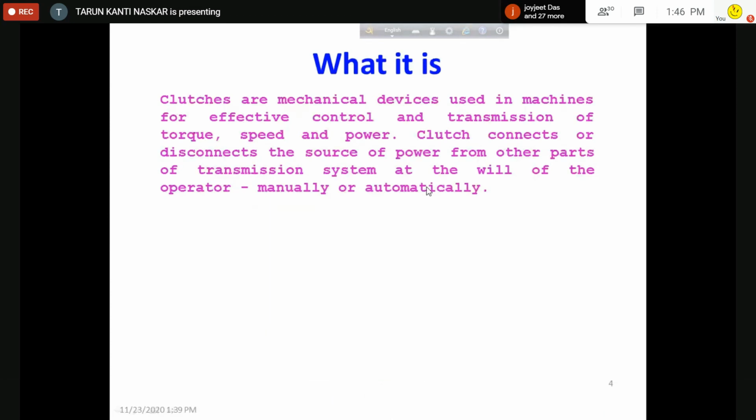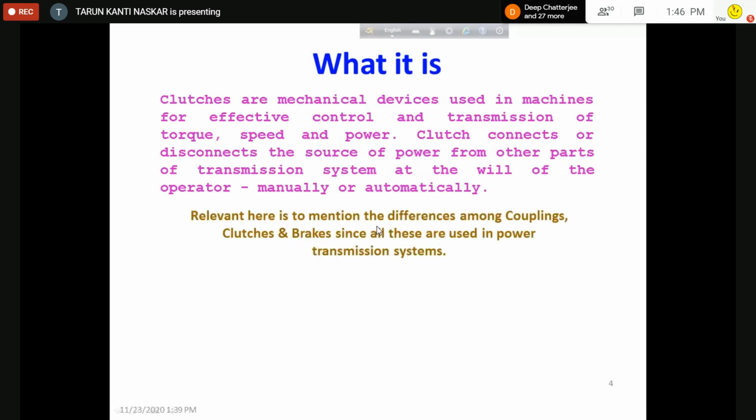A clutch connects or disconnects the source of power from other parts of the transmission system. So it can connect, it can disconnect at the will of the operator. This is the control, manually or automatically. You can engage it, you can disengage it.